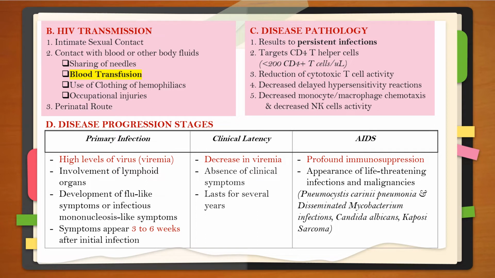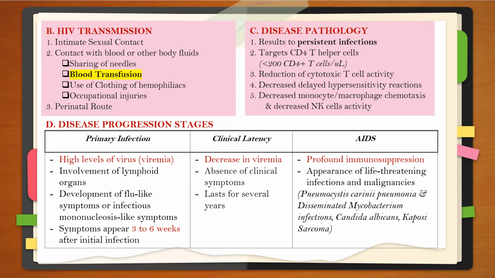And lastly, the perinatal route or transmission from mother to infant that can happen during pregnancy, or through the transfer of blood during delivery and via colostrum or breast milk feeding.